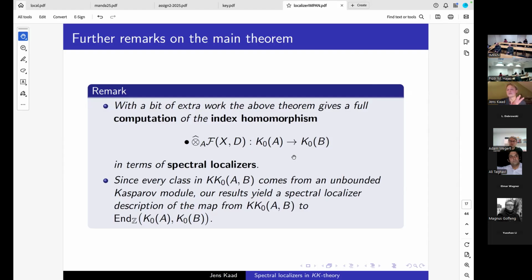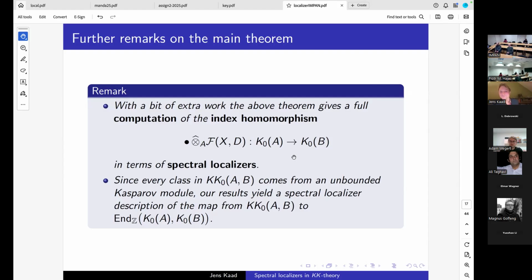But as far as I know, there's currently not a version of this for spectral triples and unbounded Kasparov modules, even though I think that many people have been working on this for a while now.